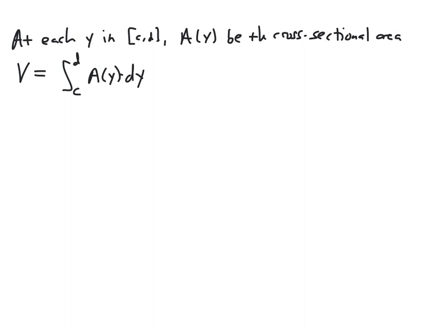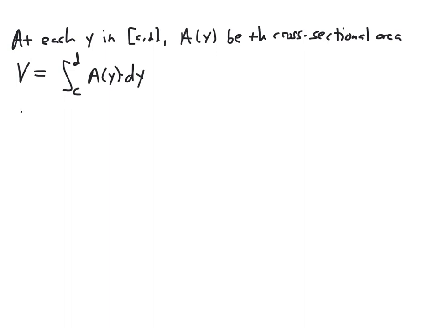Right? So this is very obvious if you understand integrals of single variables. We're taking an area for each y between c and d and adding those areas together, and that is exactly how volume is defined. And so volume in this case is now an integral of one variable, y.